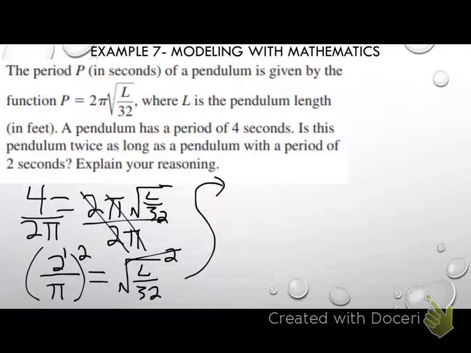What about pi? 1. Remember, every exponent in the parentheses gets multiplied by that exponent outside the parentheses. So what's 2 times 1? 2. So I'd get 2 squared over, what's 2 times 1? Over pi squared. Equals L over 32, not 33.